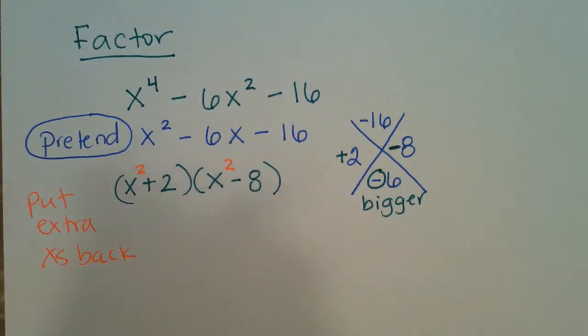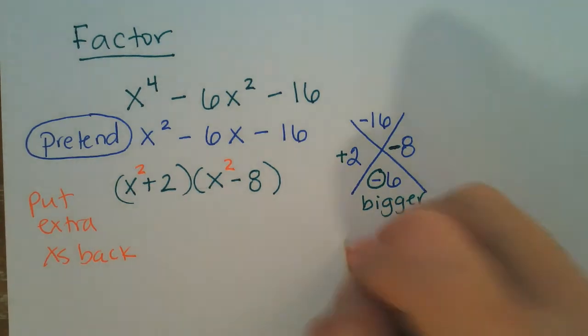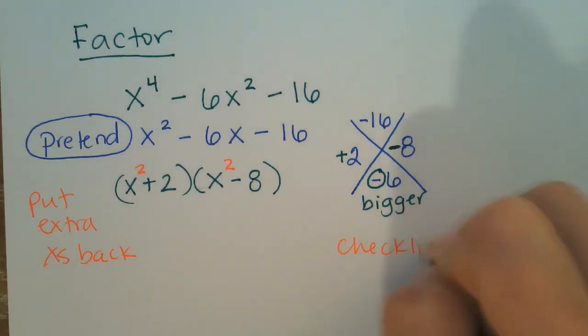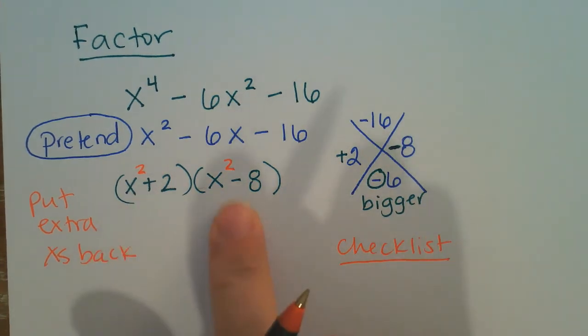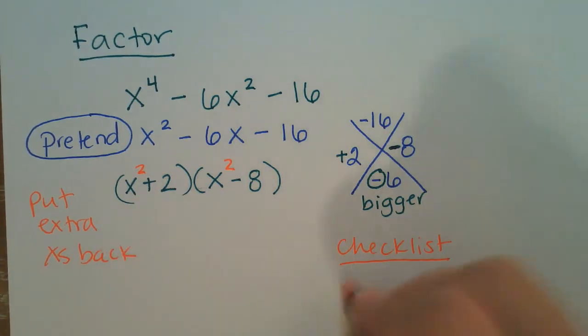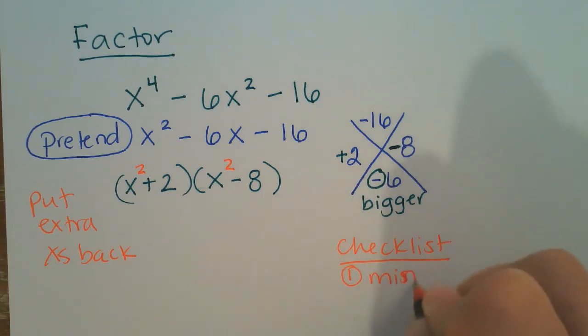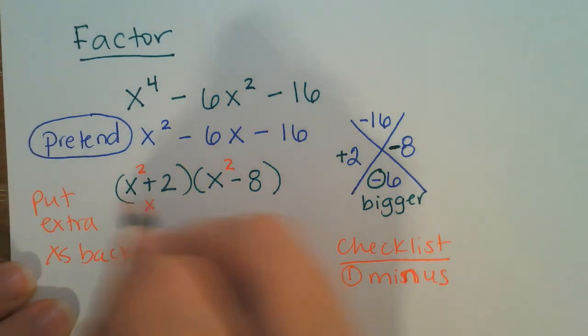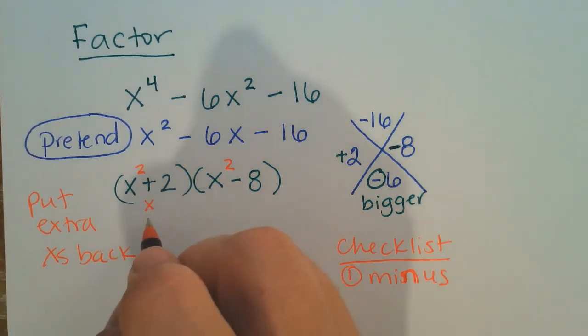Now I have to go through my checklist to see if either one of these parentheses can be factored more. So what I'm looking at first is there a minus or subtraction sign? So nope, so I can't factor that one anymore for sure.